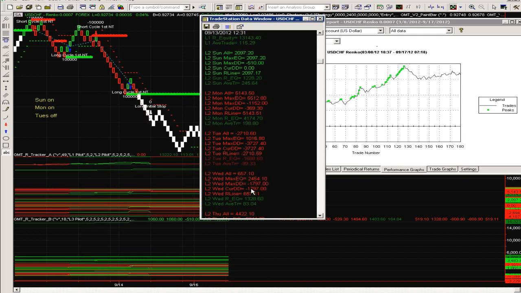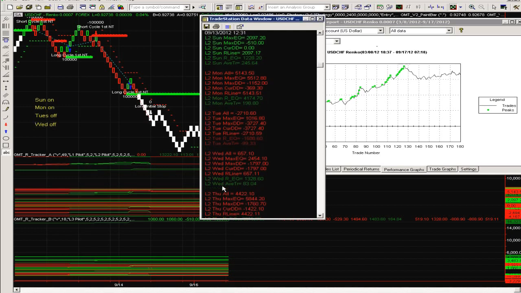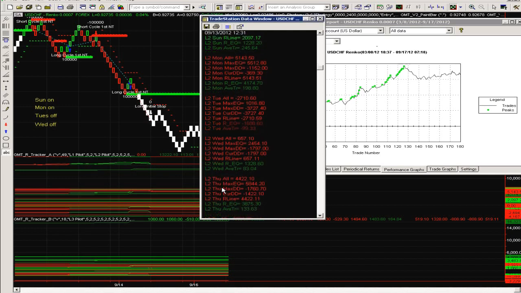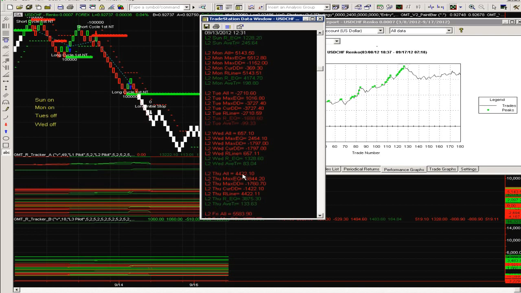Because you've got to look at your current drawdown, and if you're currently down that much, you want to be turning that off. So Thursday, let's have a look at Thursday. We've got an equity high of 4422. Current drawdown is 1422. So Thursday's going to be off as well, isn't it? Because it's actually in a current drawdown.